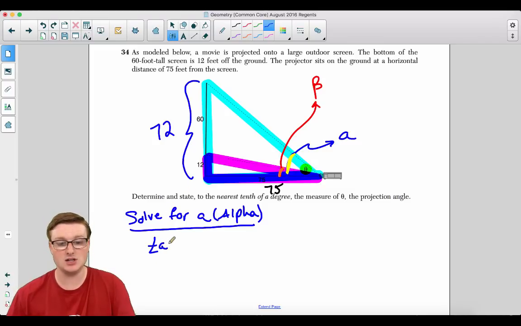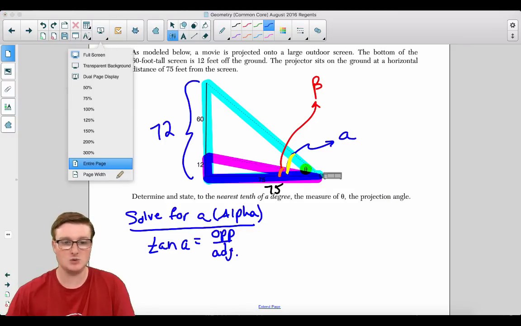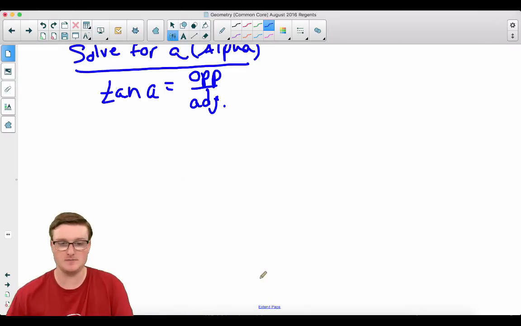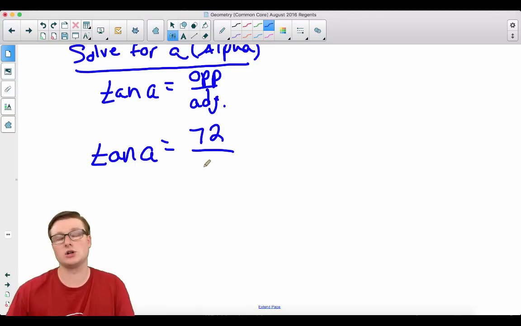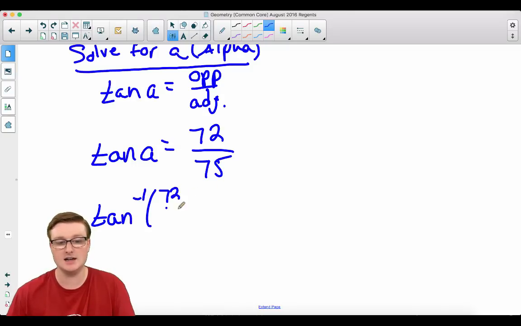So we have the tangent of alpha is equal to the opposite side over the adjacent side. Because we don't have the hypotenuse, we're forced to use tangent. So the tangent of alpha is equal to the opposite side, which is 72, over the adjacent, which is 75. Now, to solve for alpha, we take the inverse tan of 72 over 75.